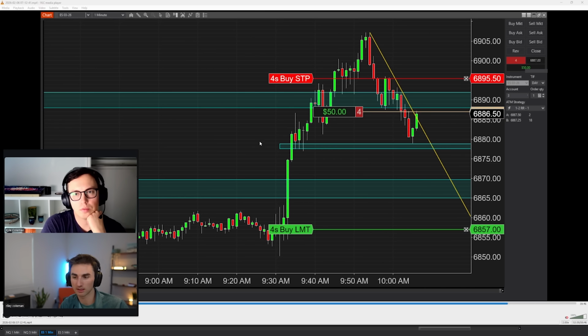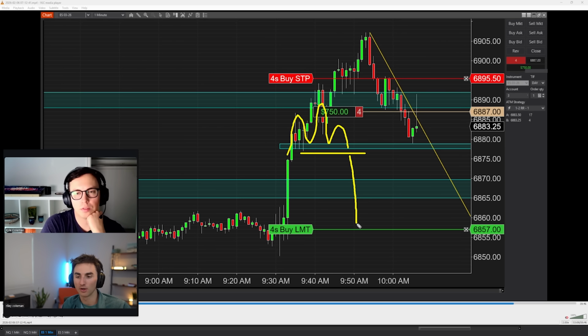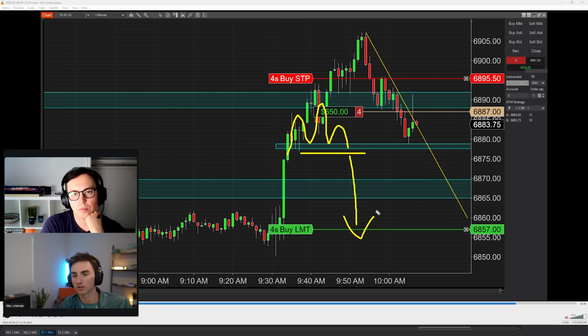And if it breaks this, like you can see, I drew that level, then I think we'll get the flush lower. So that's where there's a little bit of risk in entering this, compared to if the head and shoulders happen right here and you're able to get in short as it breaks this minor level. Yeah, those are the best trades because there's just nothing in the way and it will just crater super fast.